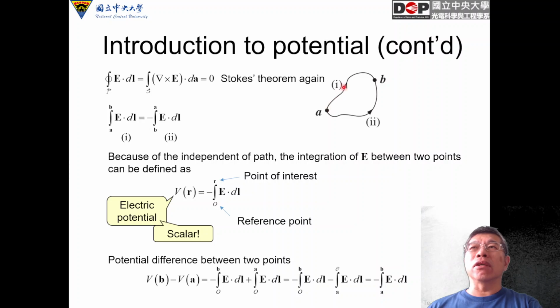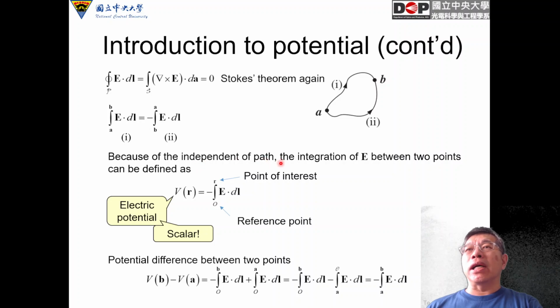Because with a closed loop the value is zero, the value of the integration is identical regardless of which path you choose. So path one and path two are equal. The path from A to B equals the negative of the path from B to A, so summing them up gives zero.